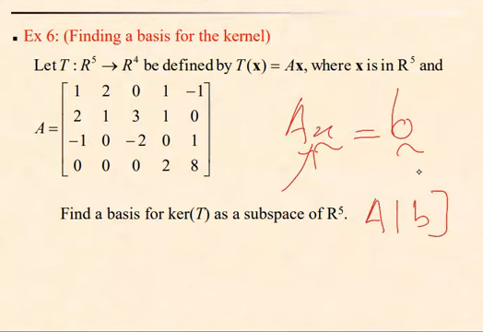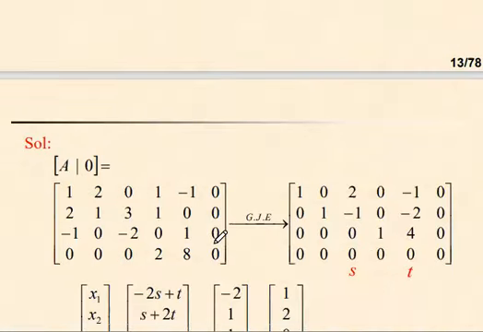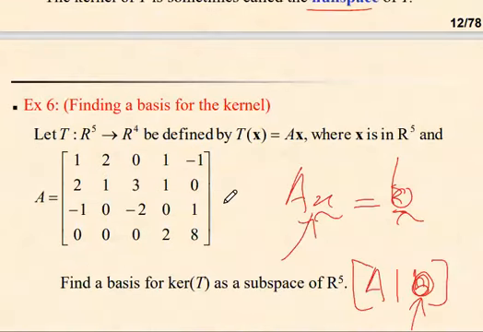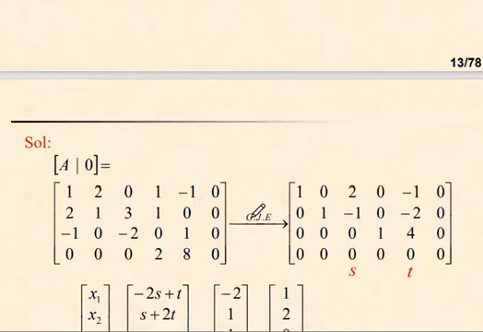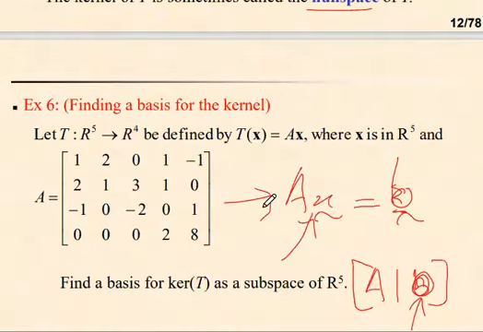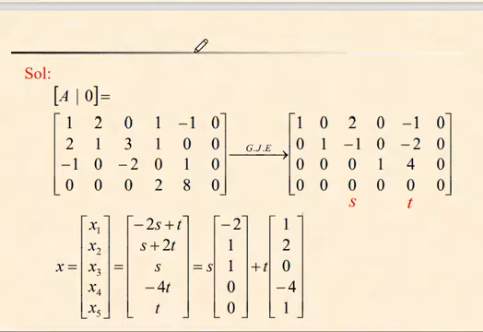Because this is 0, you don't need to consider it here. Okay, use row operations to reduce this matrix to Gaussian echelon form.